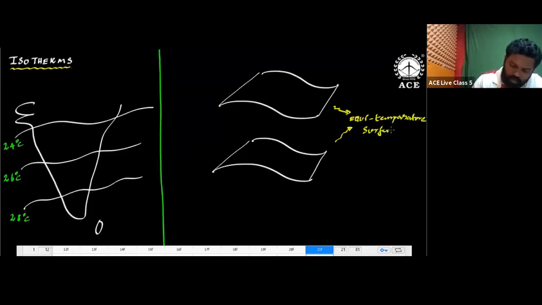Let us say the temperature on this one is T naught, at the location x naught, y naught, z naught. Here it is T1 at the location x1, y1, z1. I want to generalize this problem.